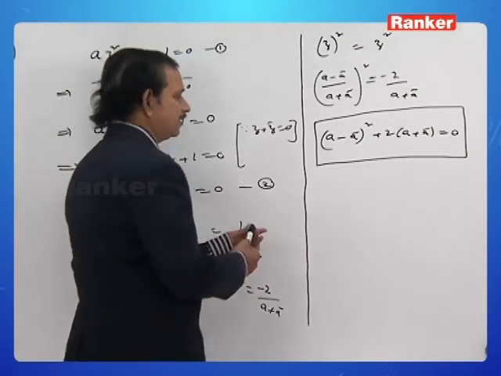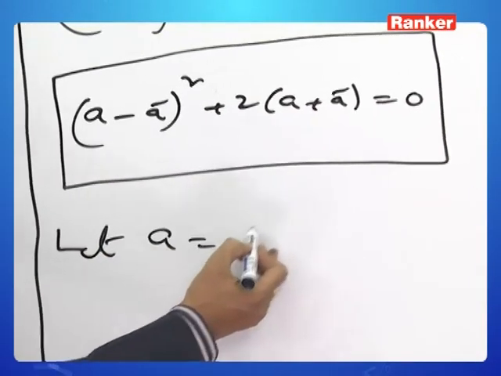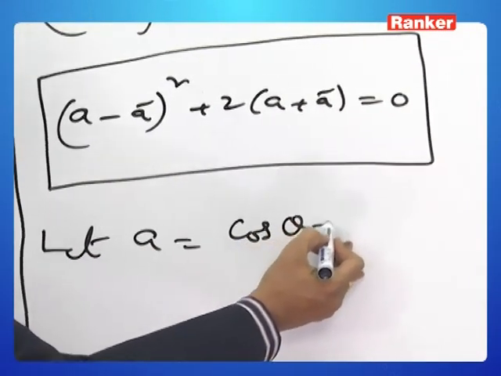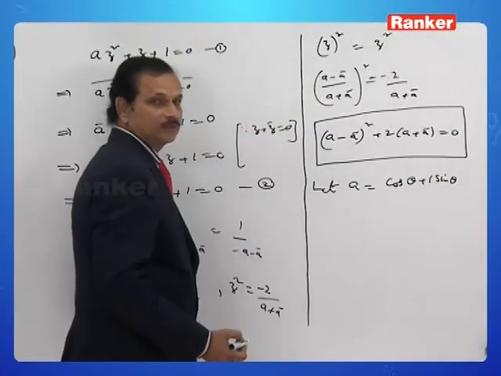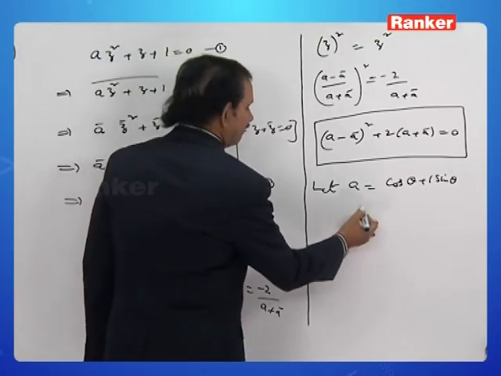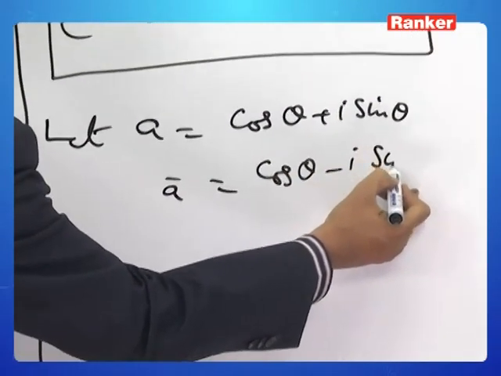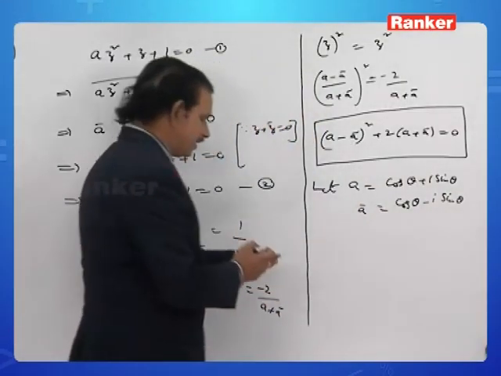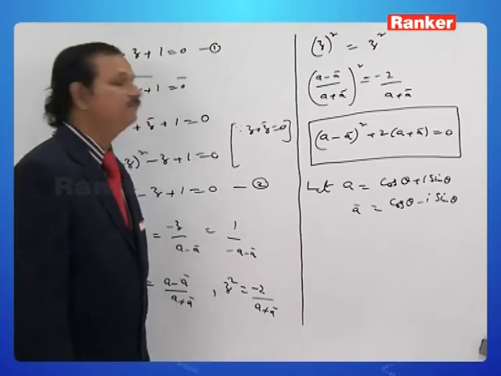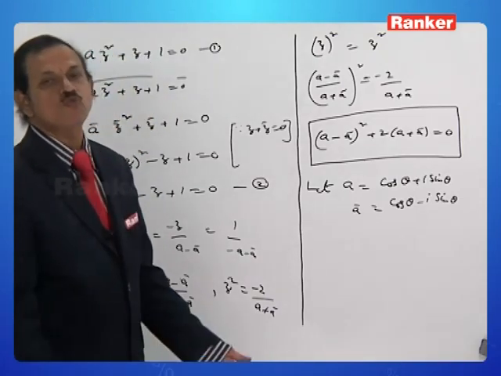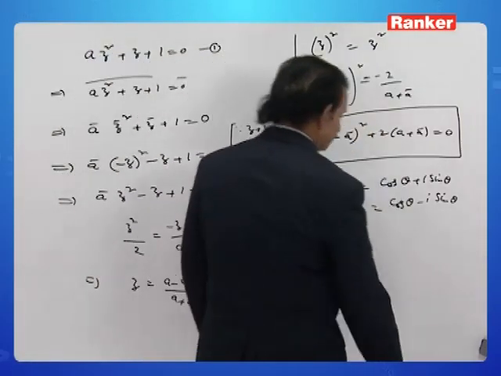Let A be equal to cos theta plus i sin theta. Automatically A bar is equal to cos theta minus i sin theta. From this we see A minus A bar is 2i sin theta and A plus A bar is 2 cos theta, isn't it? Yes.